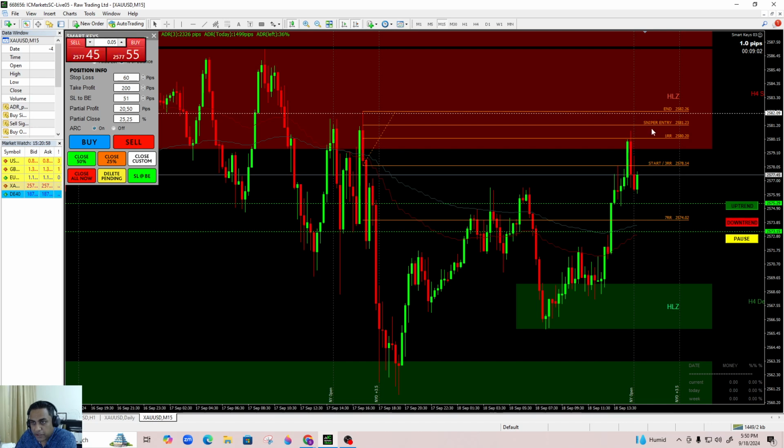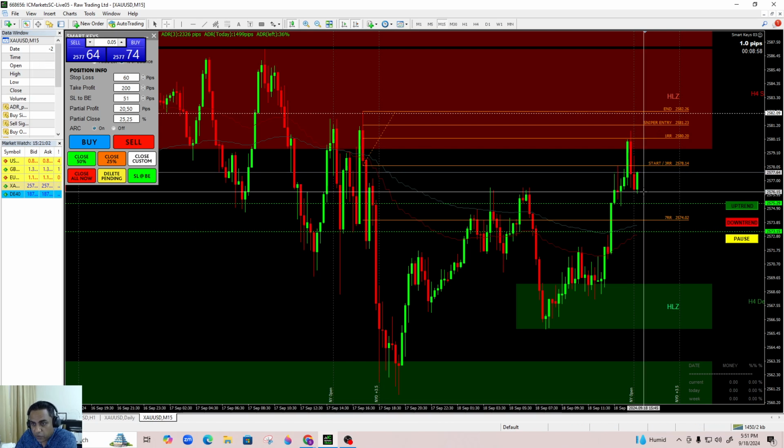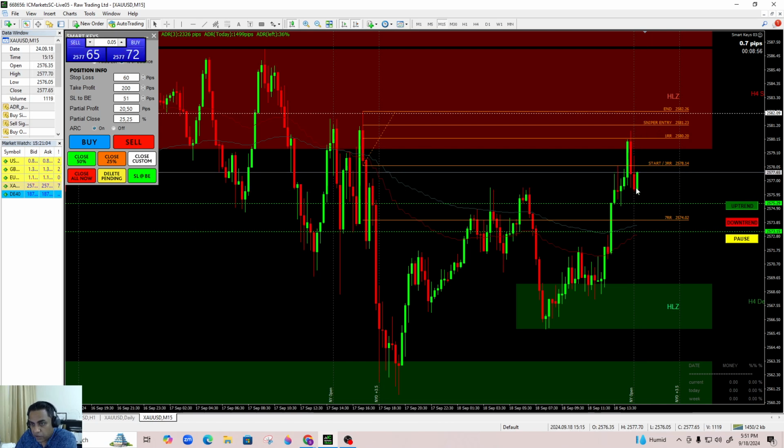I'm not going to place a pending order. I want to see what price does. If price will push up from here, there is another 8, almost 9 minutes for this candle to close. Yeah, we've got about 8.5 minutes for this candle to close.